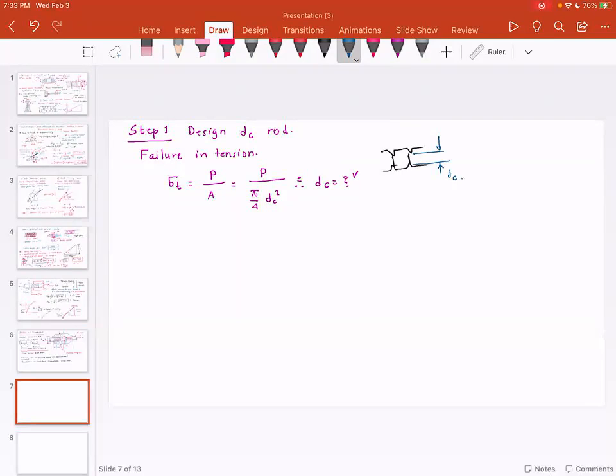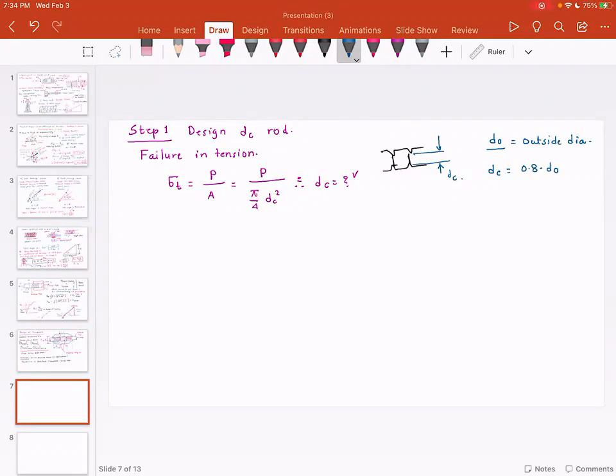And once you have the core diameter, you can find out the relationship between the outside diameter, DO, and DC. DC is usually 0.8 times DO. In certain cases, you can have a slightly smaller DC. So it can go anywhere between 0.75 to 0.85.